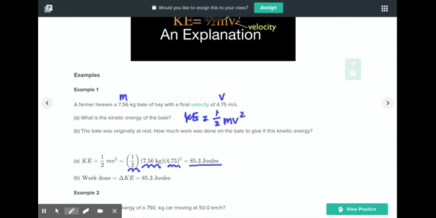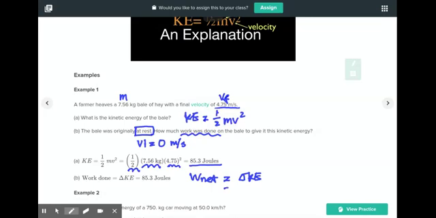Straightforward. Part B. The bale was originally at rest. At rest means our V initial is 0 meters per second. And then 4.75 is V final. Okay, so remember work done. It asks you how much work has been done. W net, overall work done, is equal to delta KE.